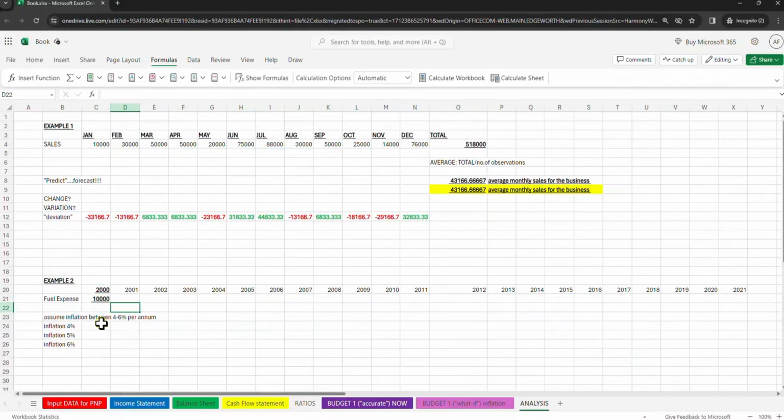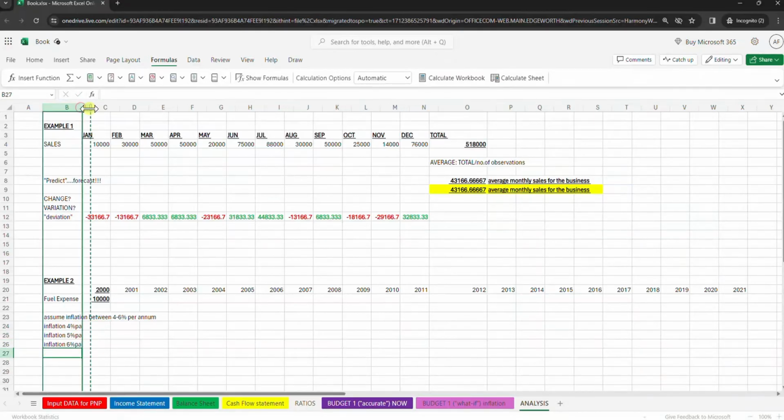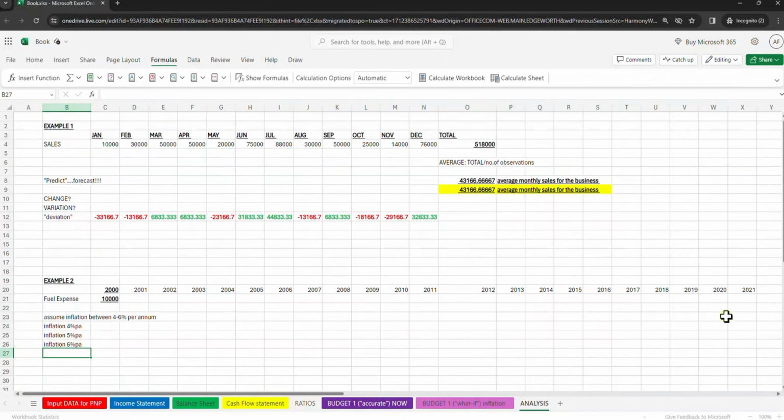So we could say, well, if I expect inflation to average around 4% per annum, how much would I expect to pay all the way here in 2021?